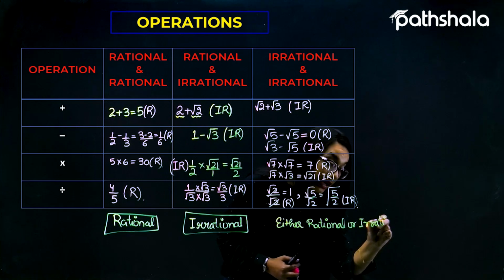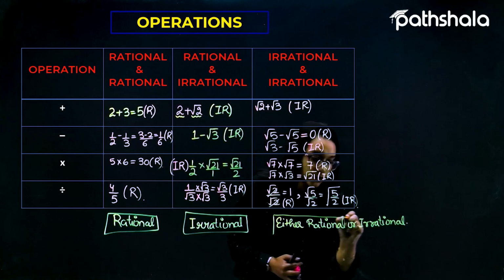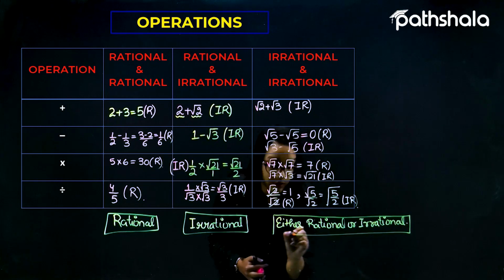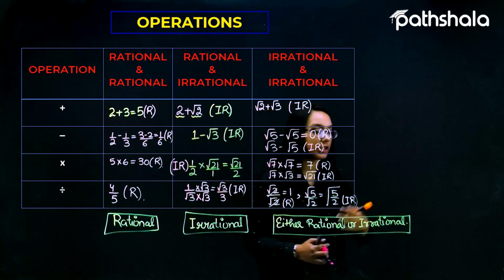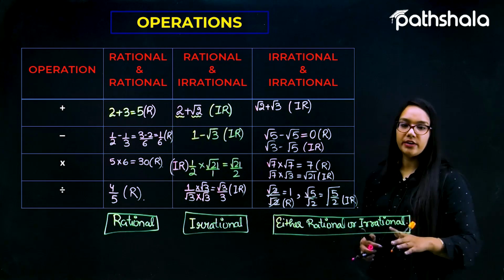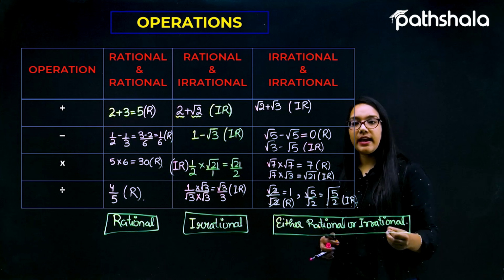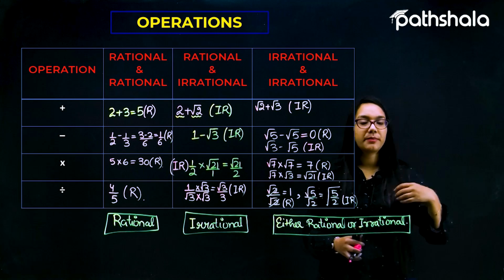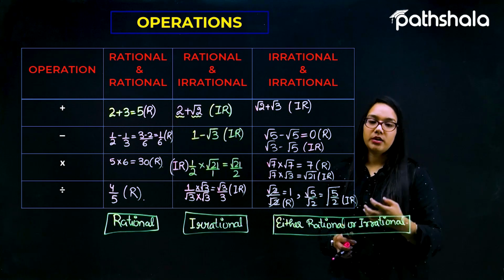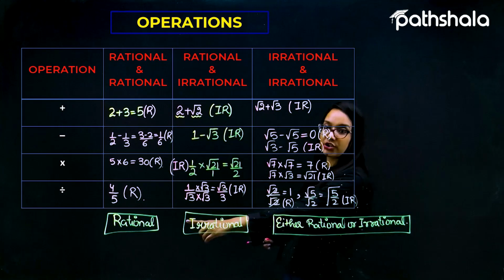So we cannot say what the nature of two irrational numbers will be after adding, subtracting, multiplying or dividing them. It can be either a rational or irrational number. So always remember this: whenever we add, subtract, multiply or divide two rational numbers, it will always result in a rational number.